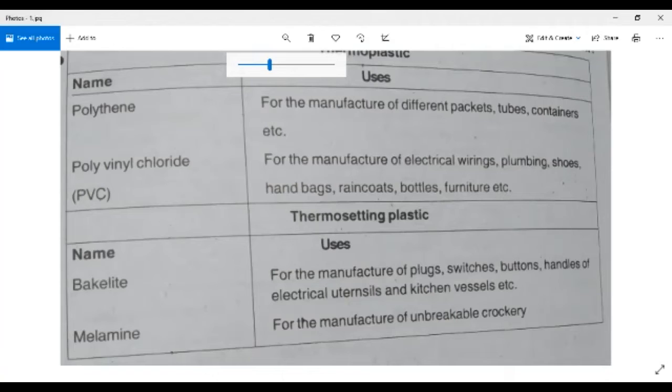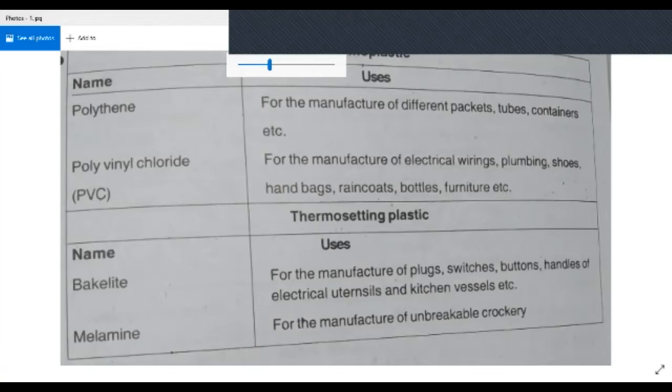And what are the two thermosetting plastics? Bakelite and melamine. Bakelite is used for the manufacture of plugs, switches, buttons, handles of electrical utensils and kitchen vessels, etc. Melamine is used for the manufacture of unbreakable crockery for kitchen purposes. Okay.